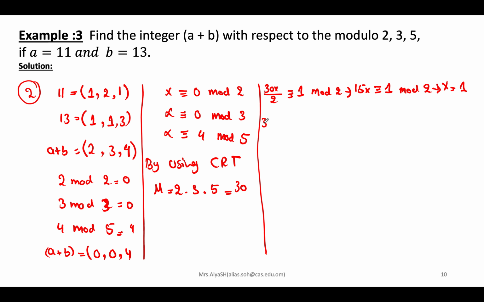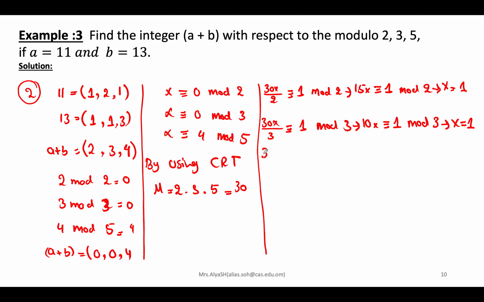Then we got 13x divided by 3 is congruent to 1 mod 3, and here 13 divided by 3 equals 10x congruent to 1 mod 3, and here we got that x is equal to 1.